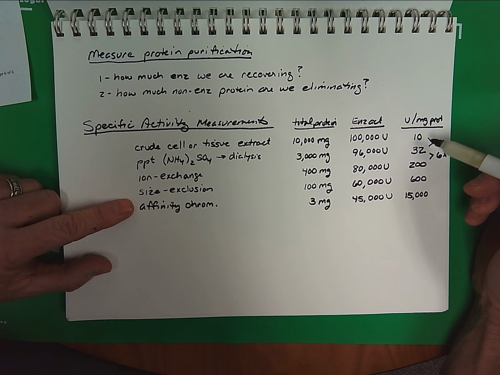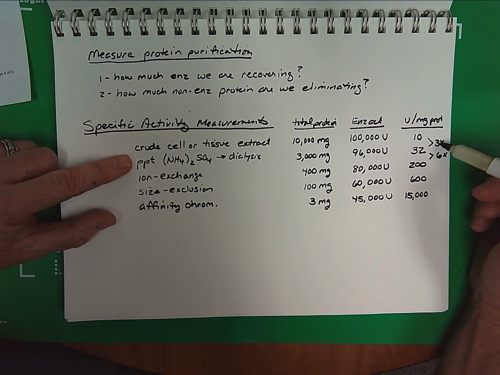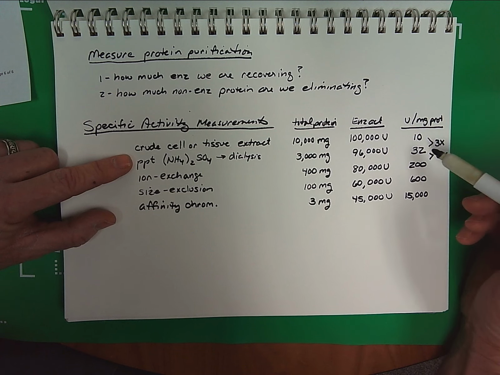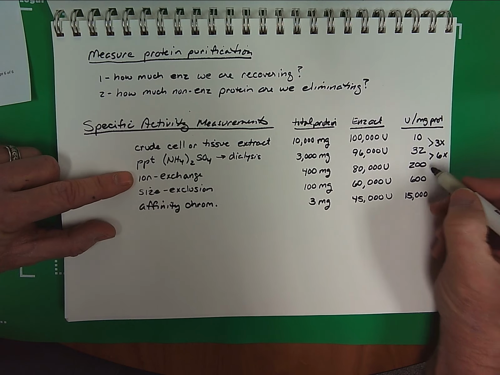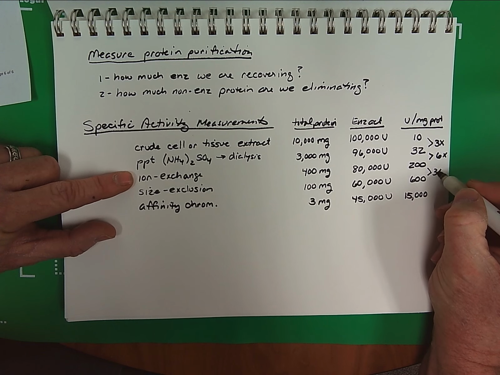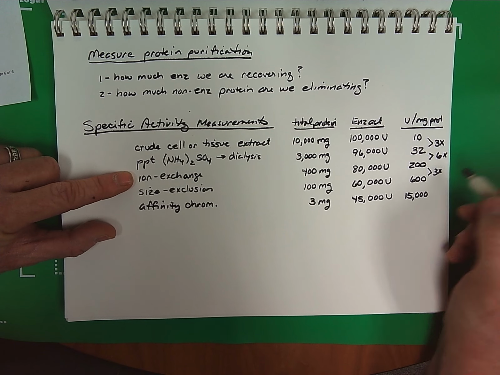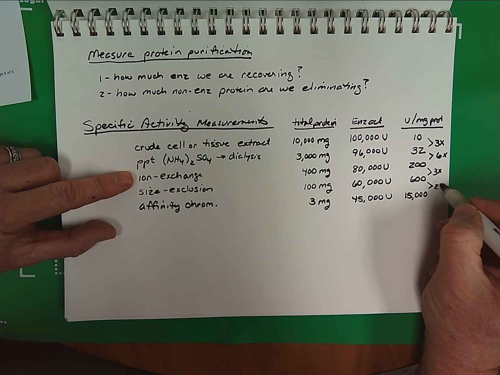So we've seen from one step to the ammonium sulfate, we have a threefold purification. The next step gives us an additional six-fold purification. The next step is a threefold purification. This step here is approximately 2.5.